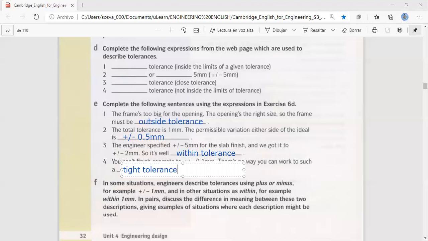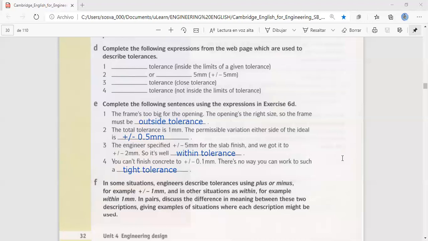Yes, because actually they mention it. That's a little distance of measurement. So imagine an engineer tells you, I want a super flat surface with plus or minus 0.1 millimeter of tolerance. That's really difficult. You must be perfect.